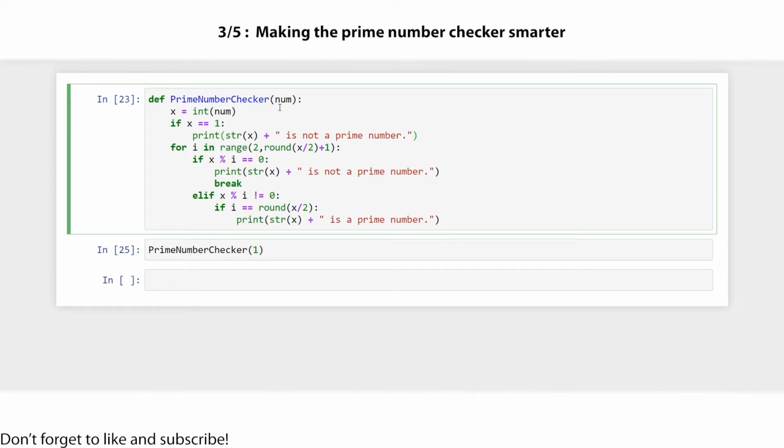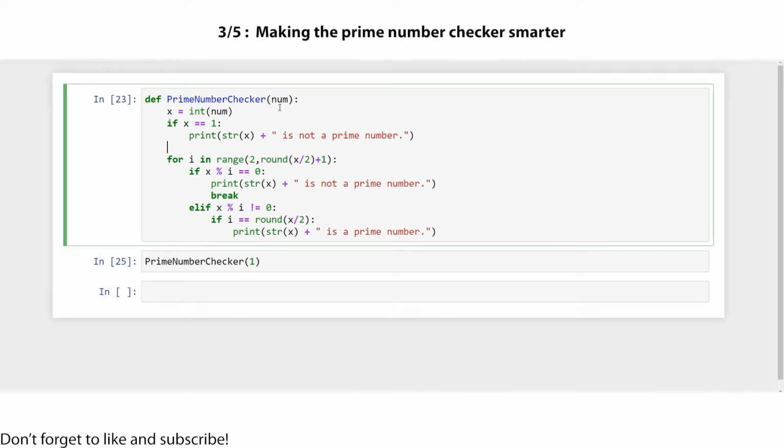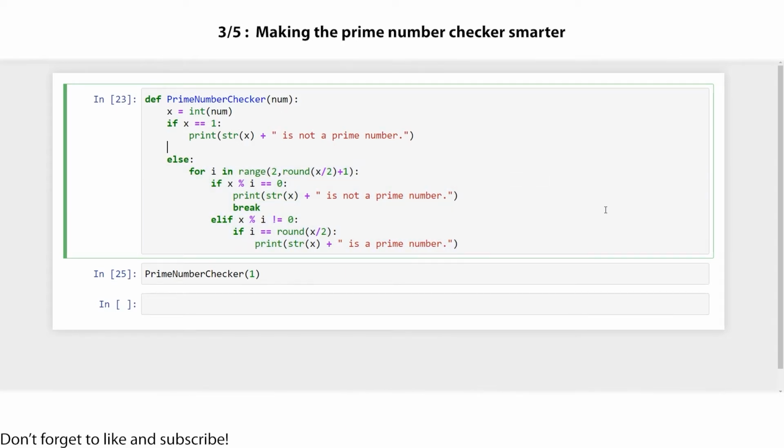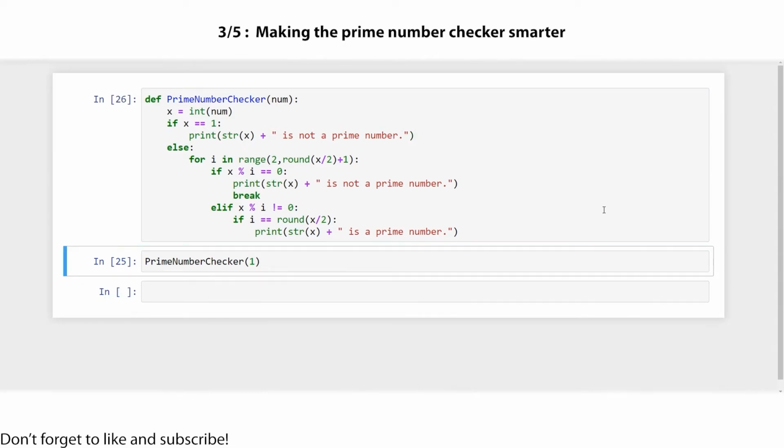Okay, cool. So then the rest of this logic that we've got here, this for loop, we're only going to execute this if the input number into this function is not equal to 1. So we can say else, and this should cover everything. Okay, so let's see if that works.